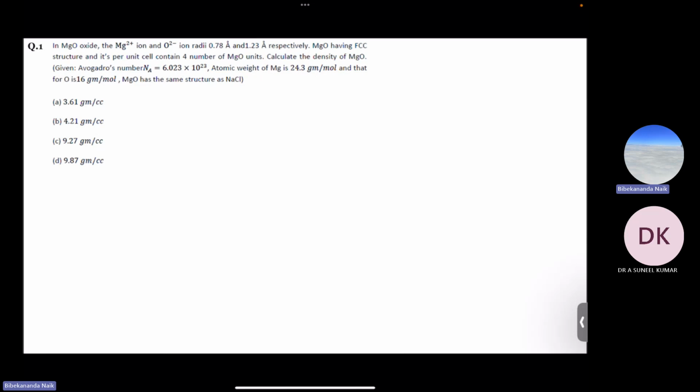So this question is given. We are talking about magnesium oxide, and how is magnesium oxide formed? There is an ionic bond between magnesium and oxygen. Magnesium has given its 2 electrons, so it is magnesium 2+, and oxygen has captured those 2 electrons.